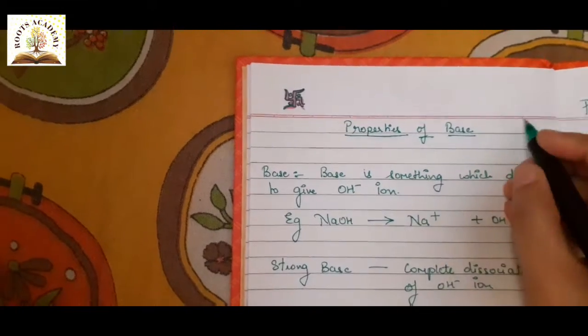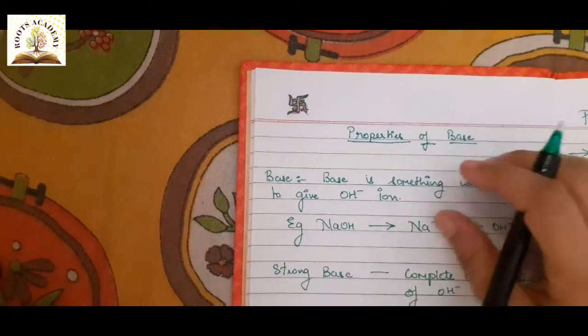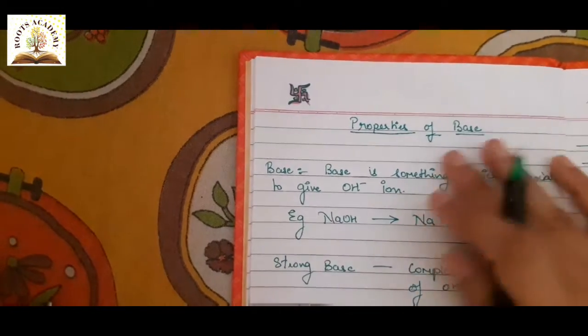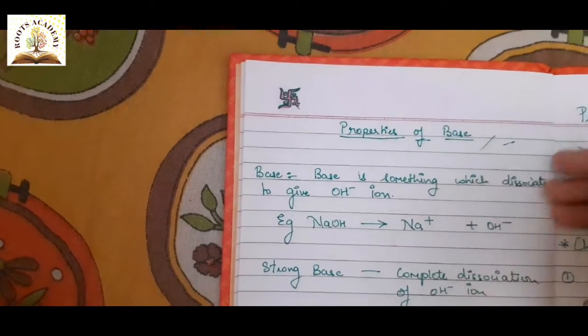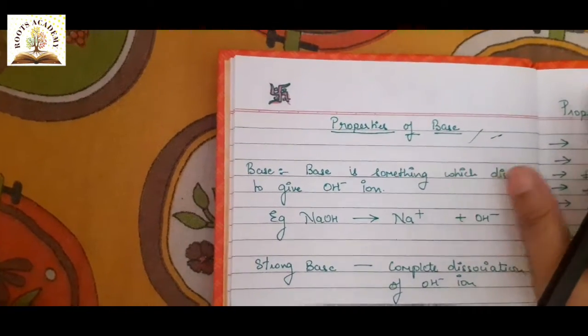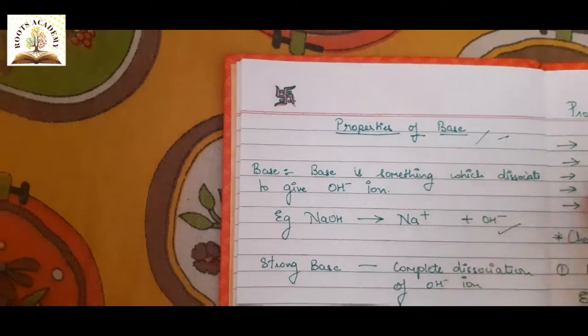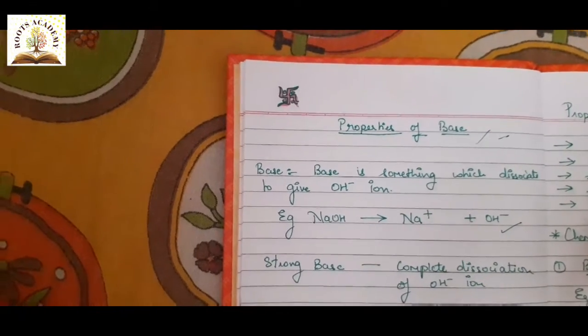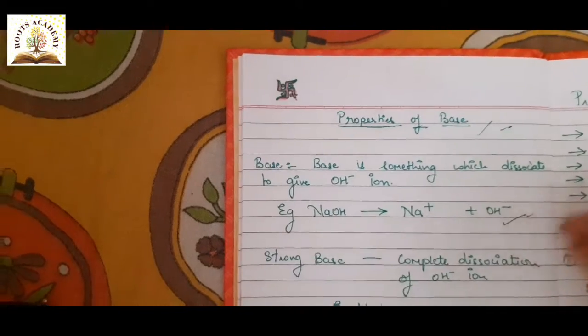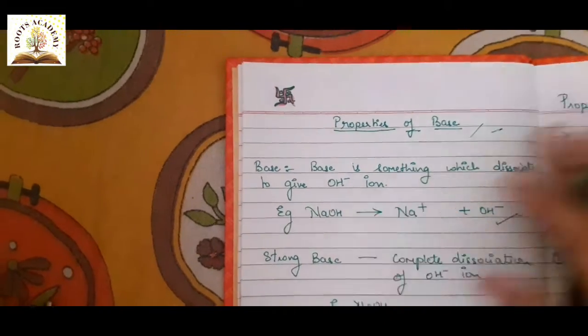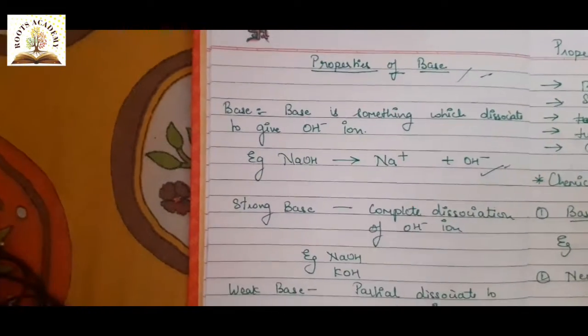Now this is your correct definition. If you take a base and put it in water, it dissociates, it breaks down. When it breaks down into an OH minus ion, that is called a base. Meaning, when anything goes in water and dissociates and gives a hydroxide ion, we call it a base. For example, sodium hydroxide.